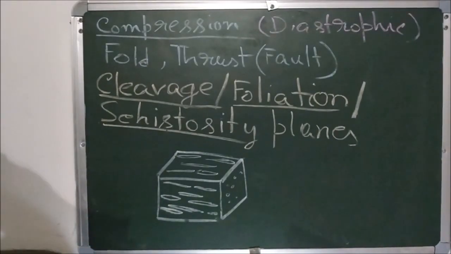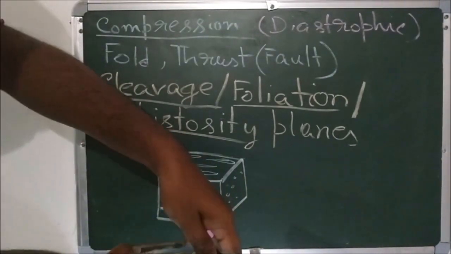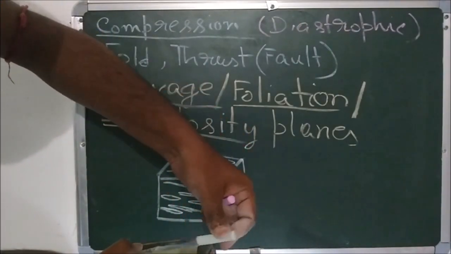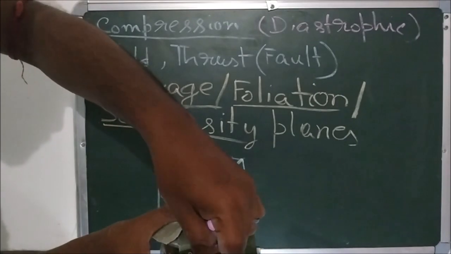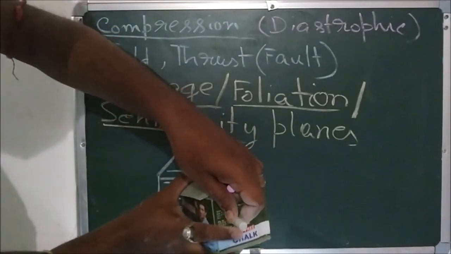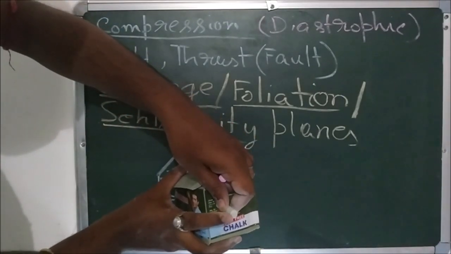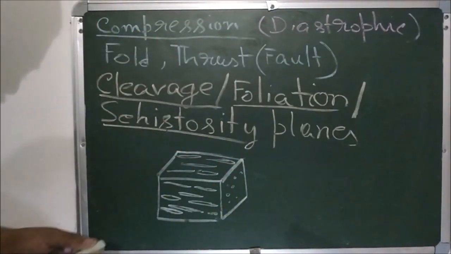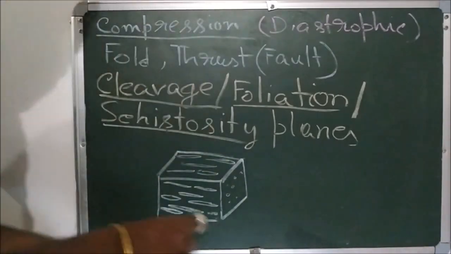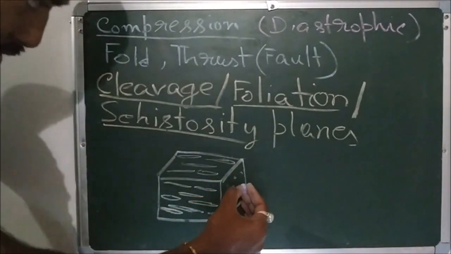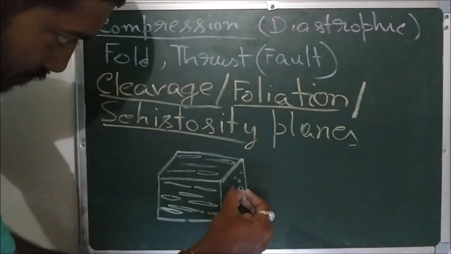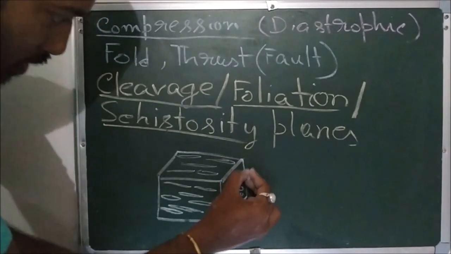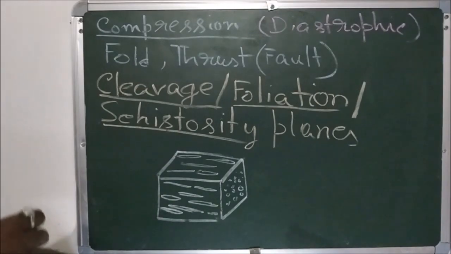Lineation means something resembling a line. So this is the lineation, and this is a cube. On this face you will see the line, on this face you will see the line, but on this face you will see just a circle, like the front of the chalk. So on two faces we will observe a line, but on the third face we will get just a circular, equant appearance of the grain.